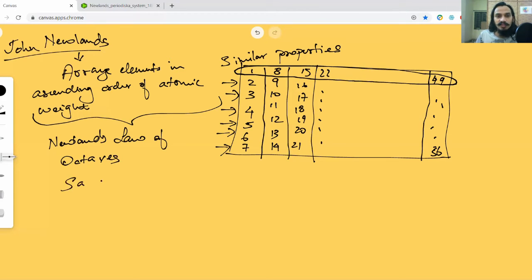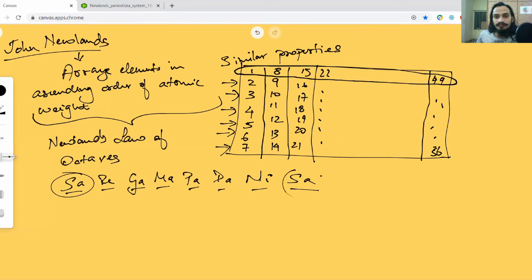So we have sa, re, ga, ma, pa, da, ni, and sa. I think that's how it goes, right? So if you see 1, 2, 3, 4, 5, 6, 7, these 7 notes are different from each other, but the last one and the first one are the same. This is what an octave is.